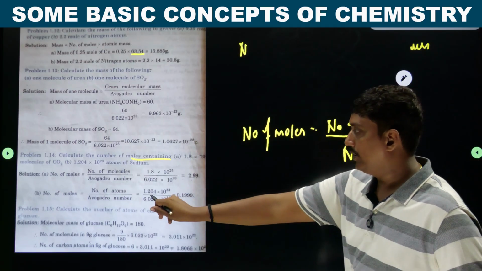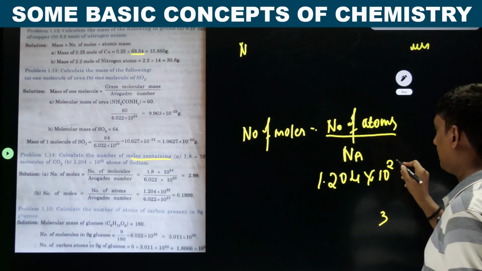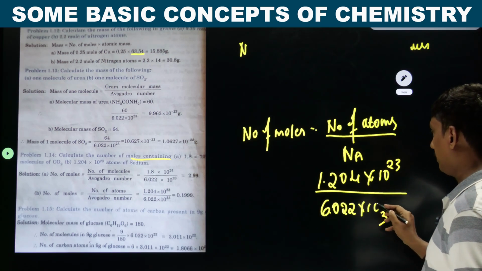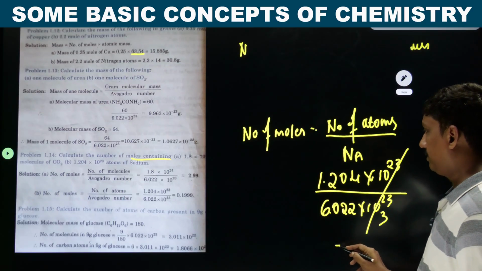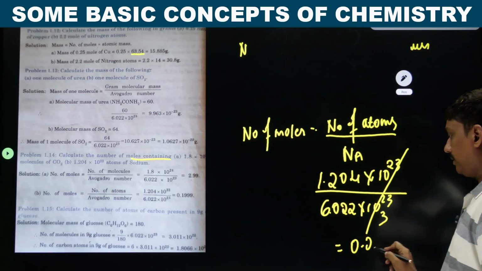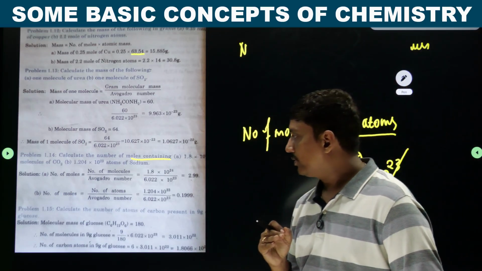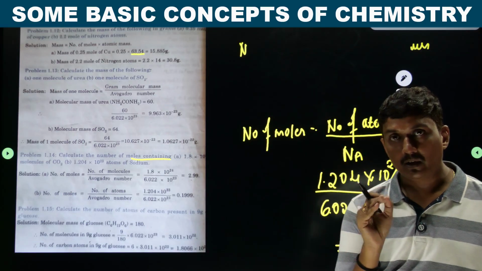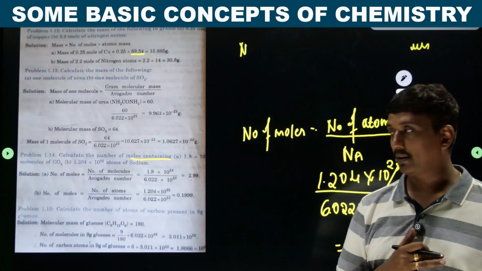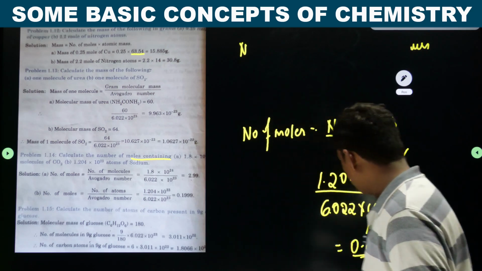How many atoms are given? 1.204 into 10 to the power 23, divided by Avogadro number 6.022 into 10 to the power 23, which is equal to almost 0.2. This can be written as 0.2 moles. So this is how we can convert the number of particles into moles. Okay, let us take one more question.